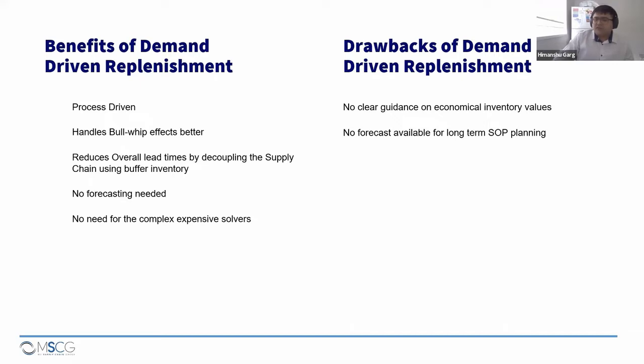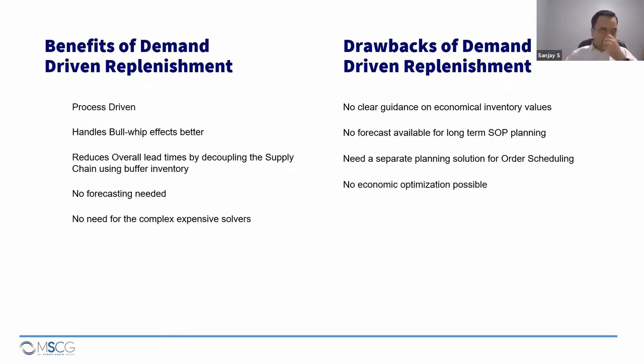The third drawback that we see is there is a need for a separate planning solution or scheduling solution for scheduling the orders on the shop floor, because DDR doesn't do the scheduling. The fourth drawback is that there is no economic optimization possible with the DDR.